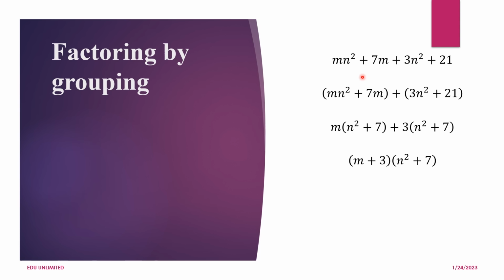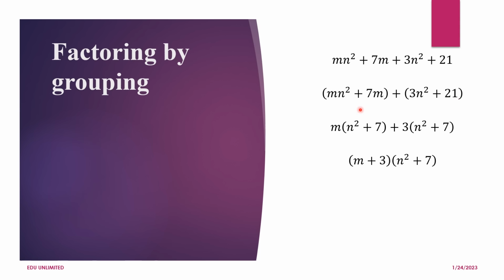It is already in a grouped format, so all we do is to bracket mn squared plus 7m, bracket, plus 3n squared plus 21, bracket.